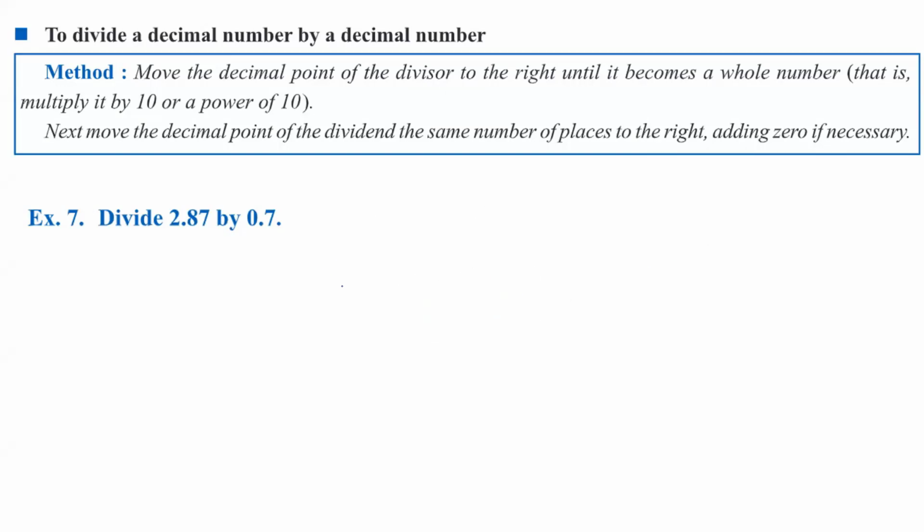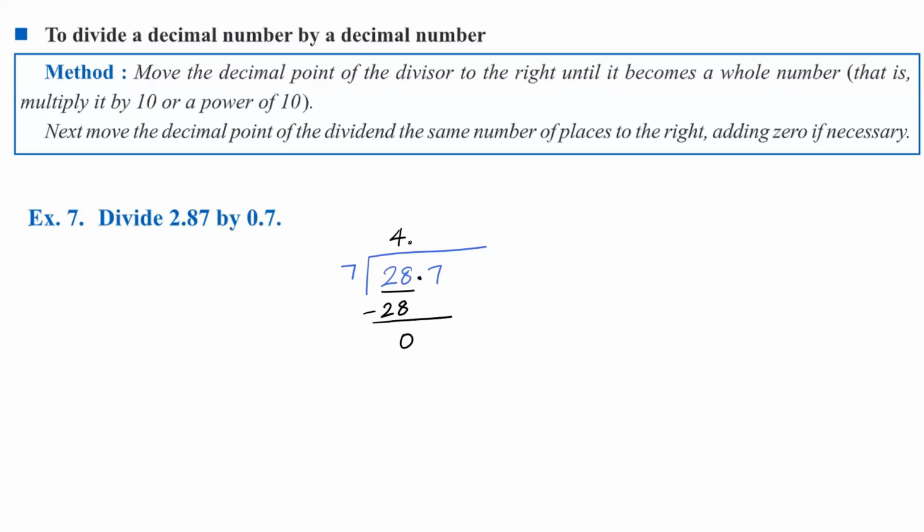So if I write it now, it will be 7, and inside the dividend is 28.7. Now tell me, is 28 divisible by 7? Yes, by 4. So you'll get 28, and you subtract, there will be no remainder. Now you see the decimal point.